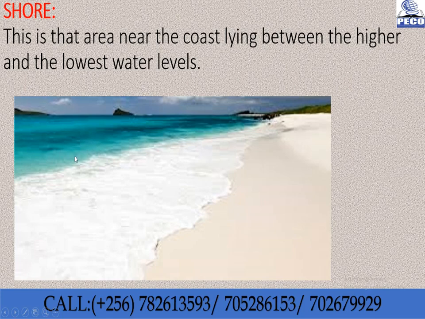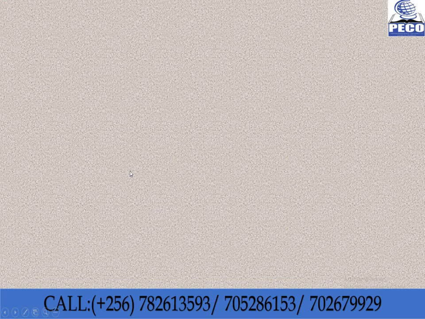So you have the ships coming and stationing, or coming and stopping around here. So where the ships or boats stop along a shoreline or along the coast is what we call the shore. That is the second term under coastal geomorphology.